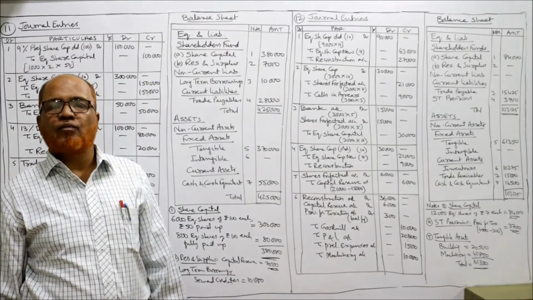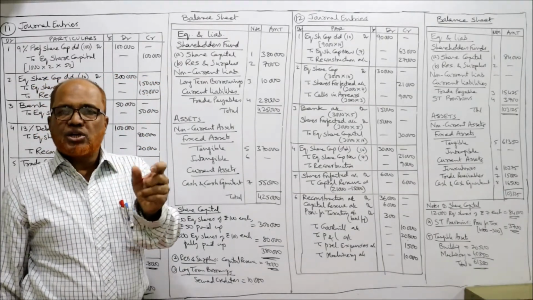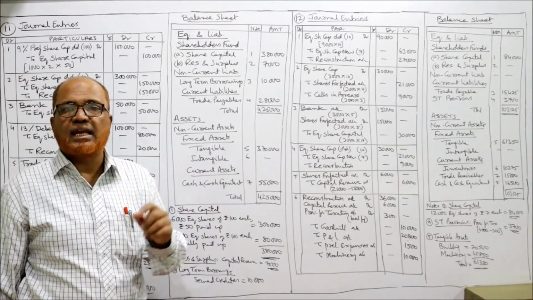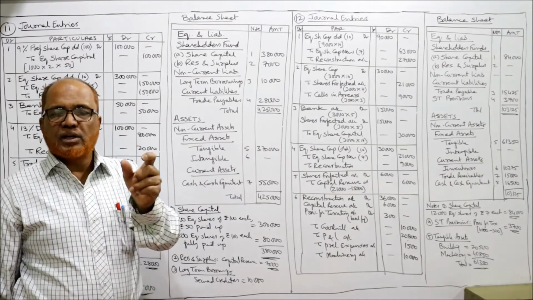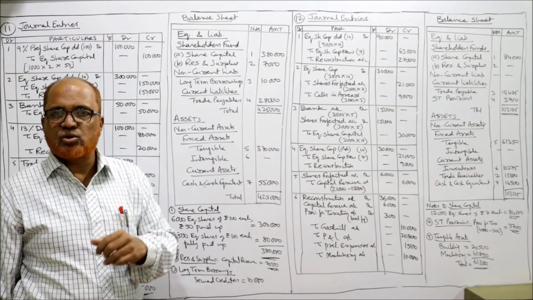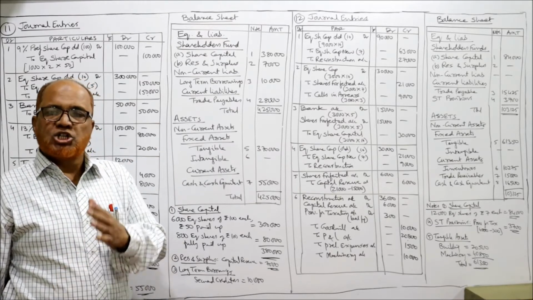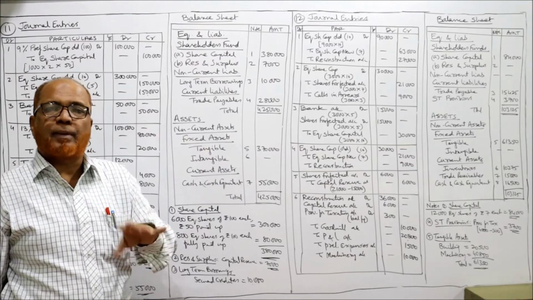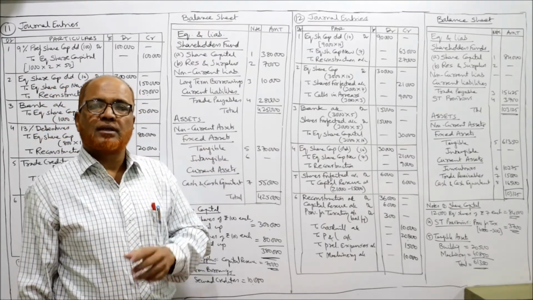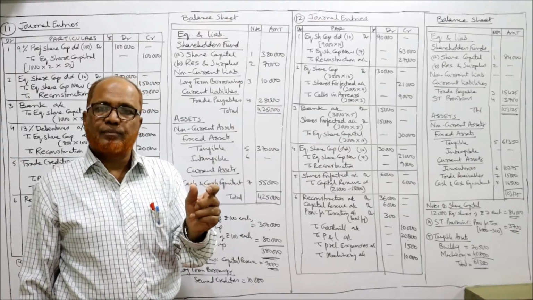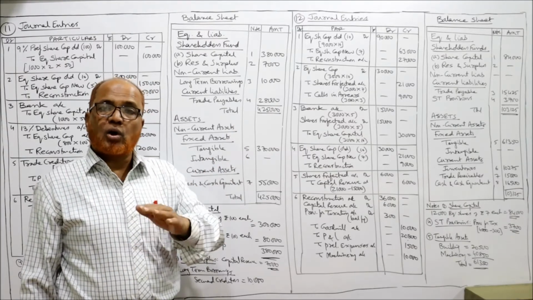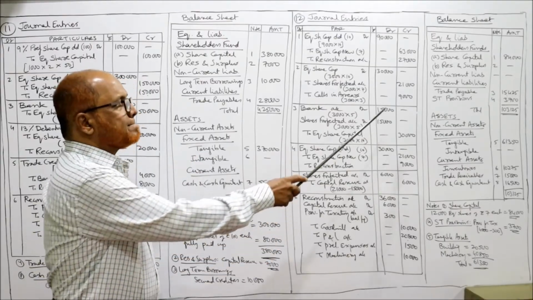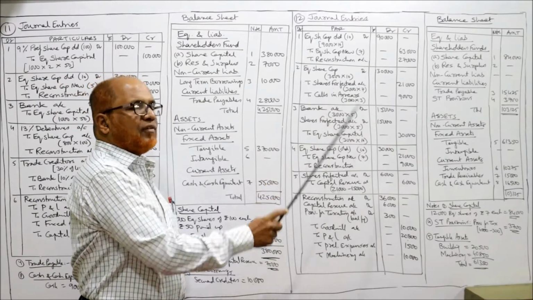So the entry for forfeiture: equity share capital account debit to shares forfeited account to calls in arrear account. इक्विटी शेयर कैपिटल को फुल फेस वैल्यू से डेबिट कर देंगे 10 रुपीज। शेयर्स फॉरफिटेड अकाउंट को जो क्रेडिट करेंगे वो कॉल्ड अप अमाउंट, जो पेड अप अमाउंट 10 रुपए में 7 रुपए दे दिया उन्हें, उसको शेयर्स फॉरफिटेड। और कॉल्स इन एरियर जो नहीं पे करा 3 रुपीज, he has not paid, this is the entry for shares forfeit.